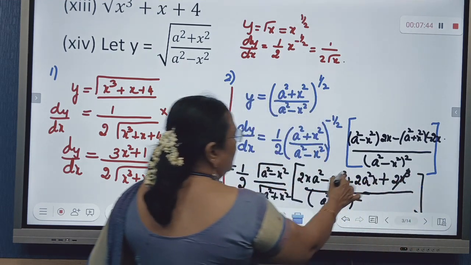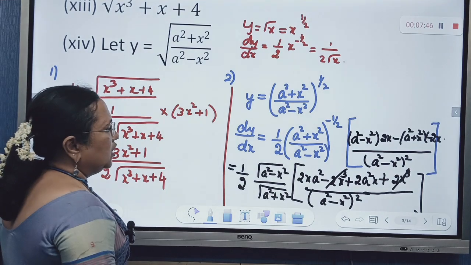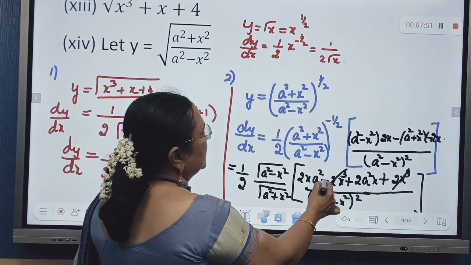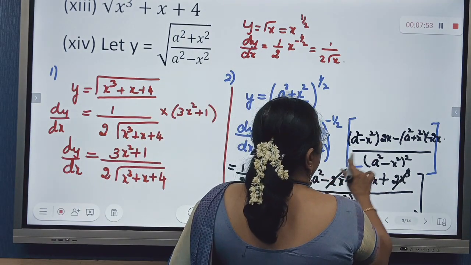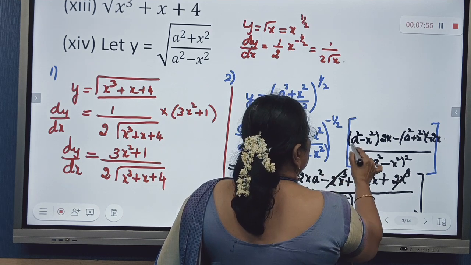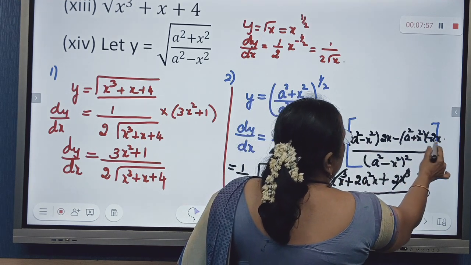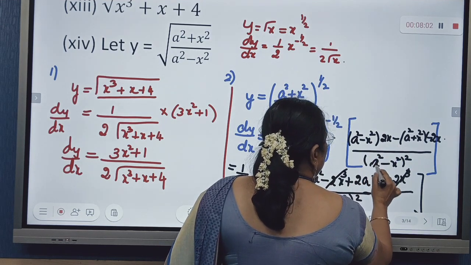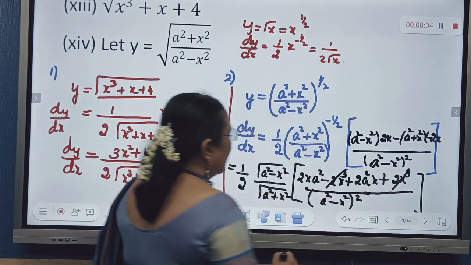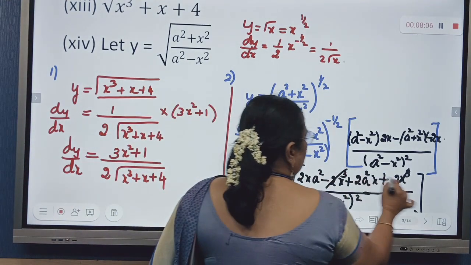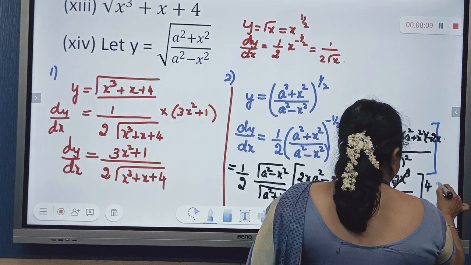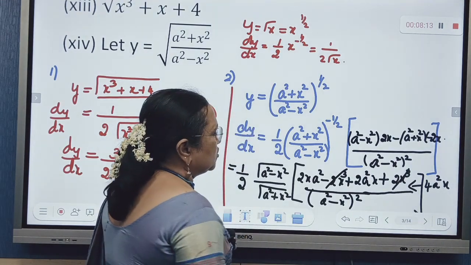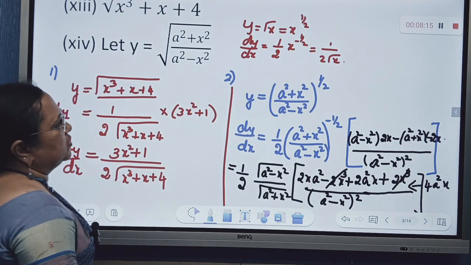So plus 2x cube and minus 2x cube gets cancelled. So this simplifies to 2a square x. This is 2x a square. This is 2x a square. So I can simplify the numerator and write it as 4a square x. This is 4a square x by a square minus x square the whole square.